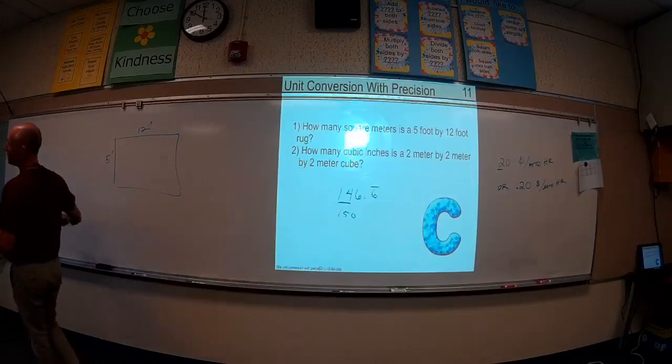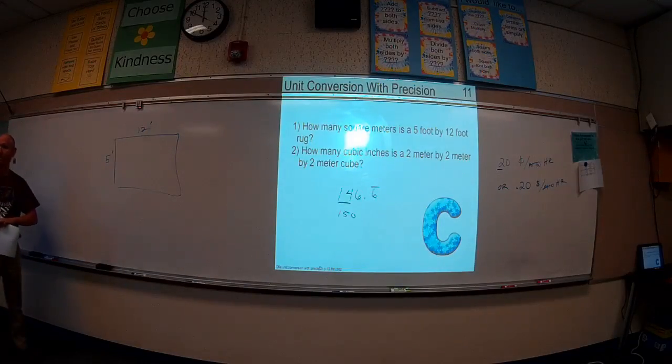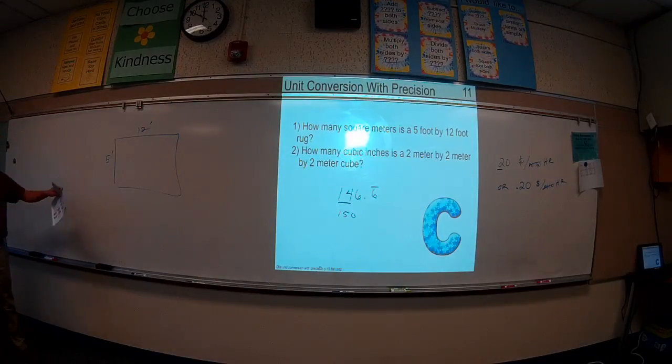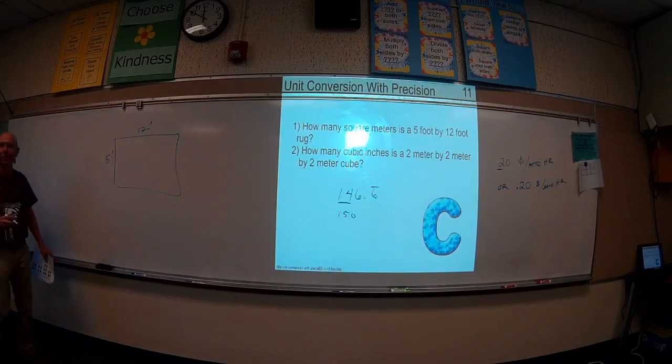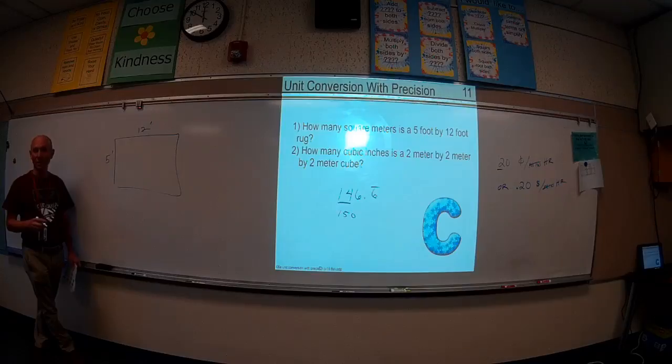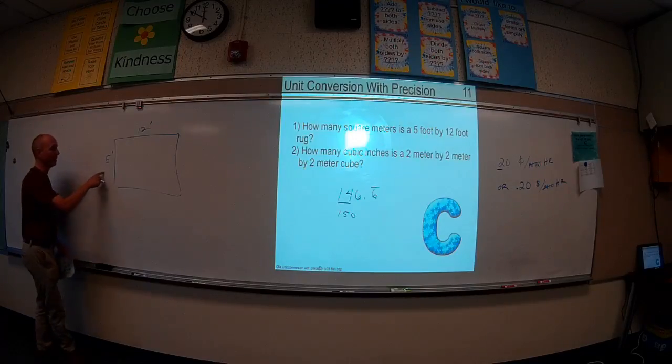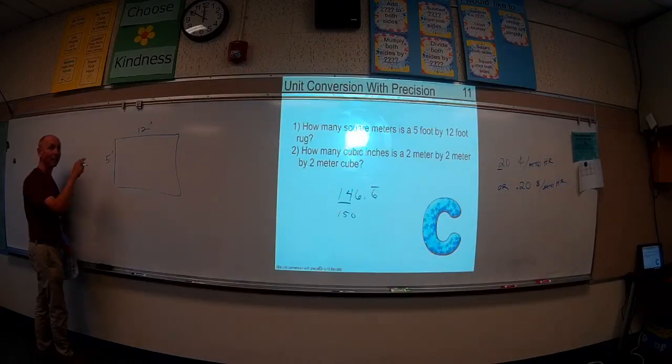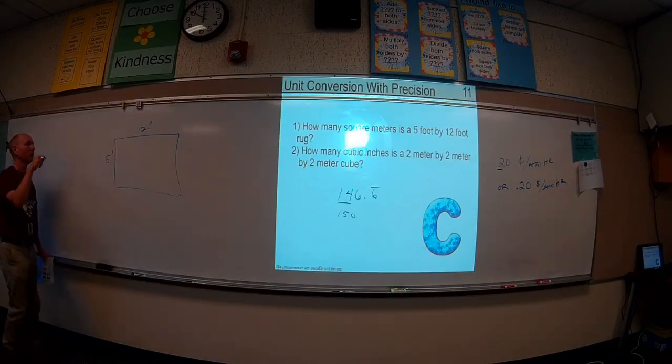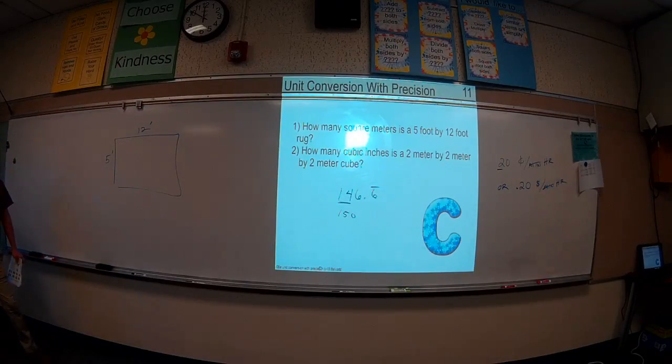Let's start with this. Would somebody convert 5 feet into meters for me? Come on, Micah. Can I get a 5 feet into meters? And Aiden, can I get a 12 feet into meters? If you ask Google convert 5 feet into meters, it's not going to say 2.